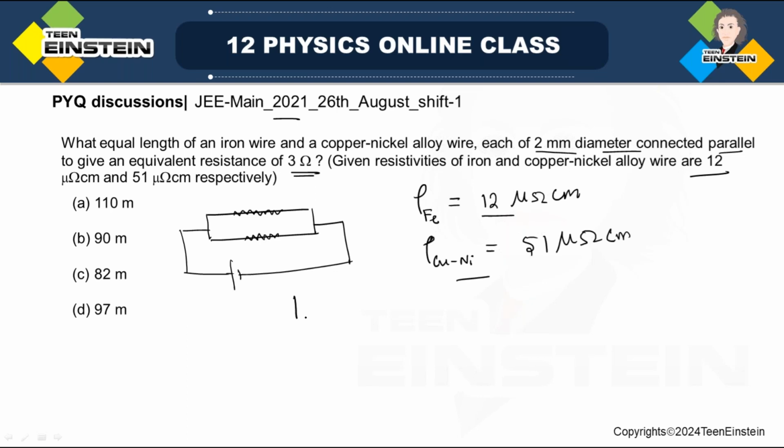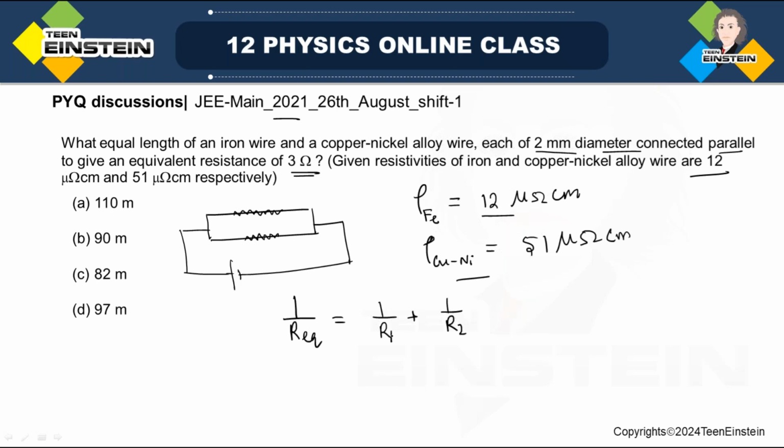So what we know, 1 over R equivalent is equal to 1 by R1 plus 1 by R2. This is the formula for equivalent resistance calculation for parallel combination.